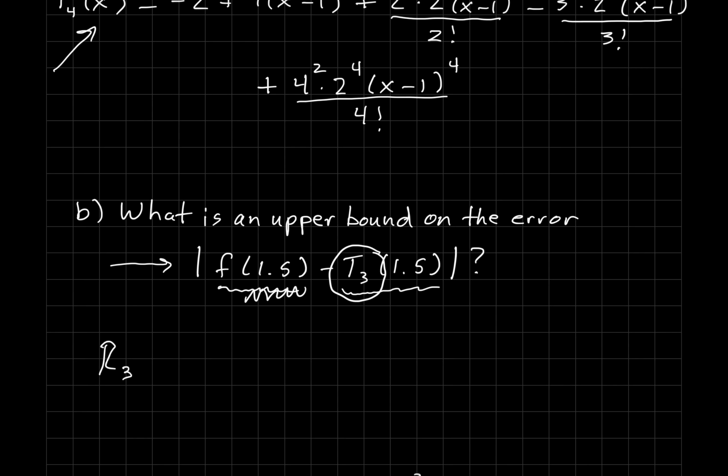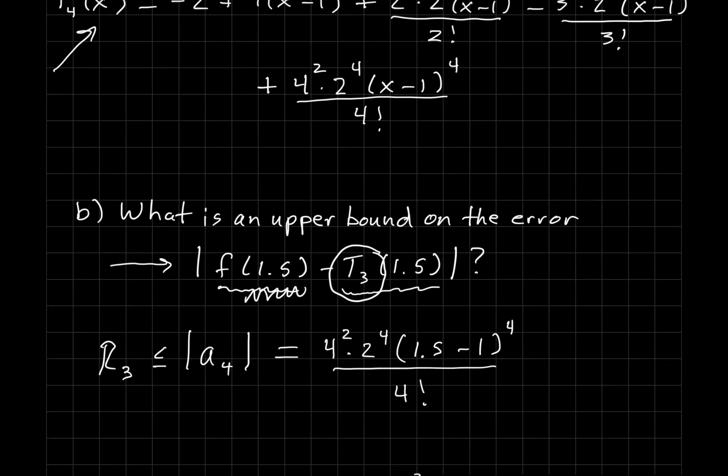So what is the error? Well, the error using our third degree polynomial approximation is no more than my first left-off term. So my first left-off term is 4 squared times 2 to the fourth times x minus 1, but x is 1.5, so 1.5 minus 1 to the fourth, all over 4 factorial.